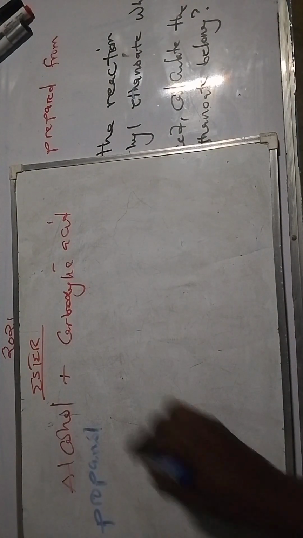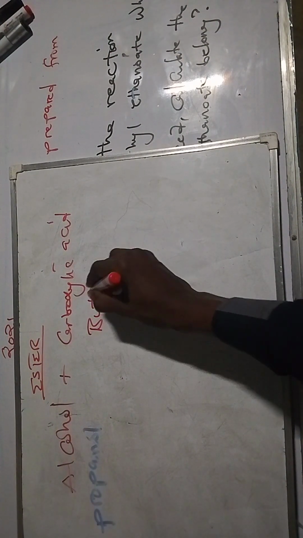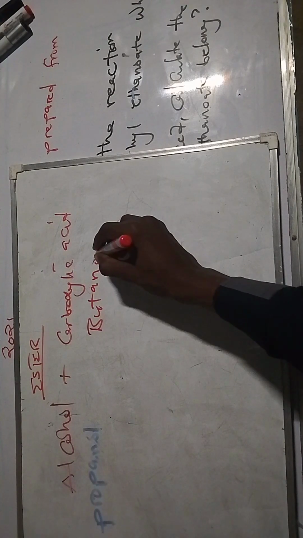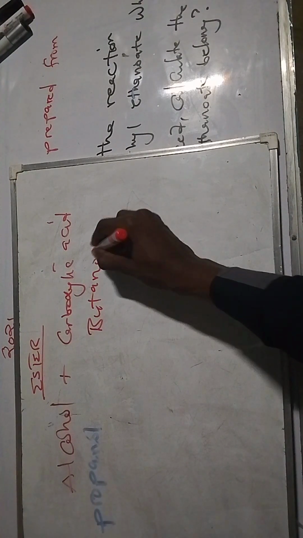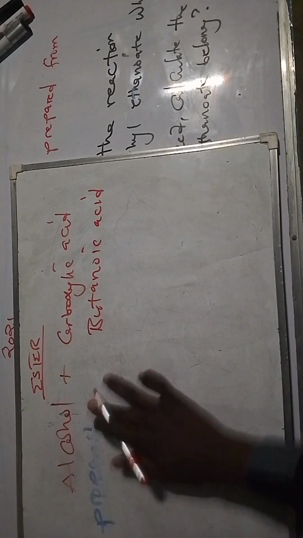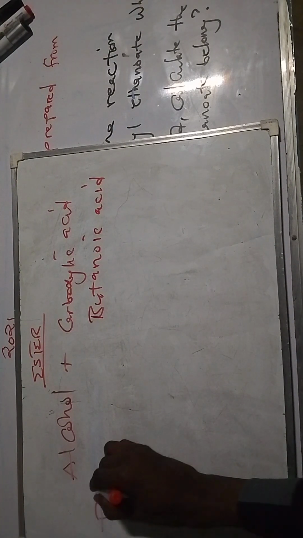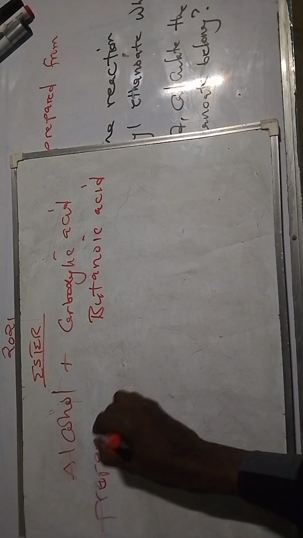So let's talk about propanol. I'll give just different examples. So propanol, then here I will talk about butanoic acid. So I have propanol and butanoic acid.